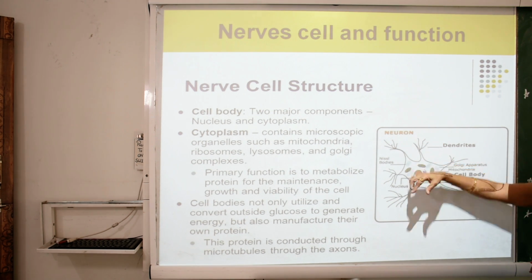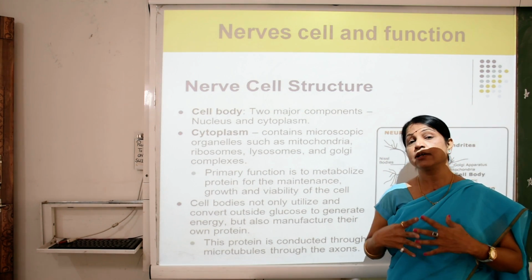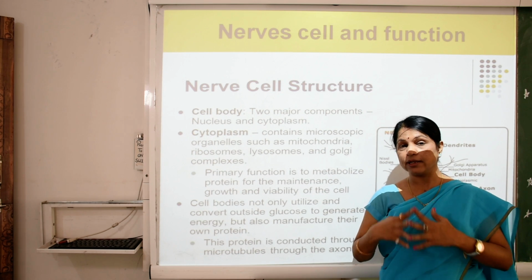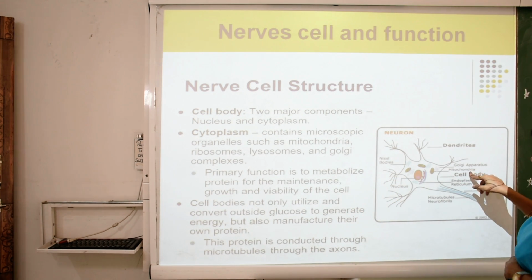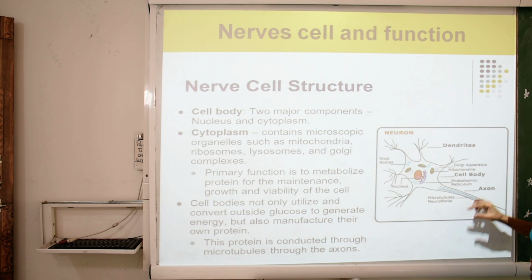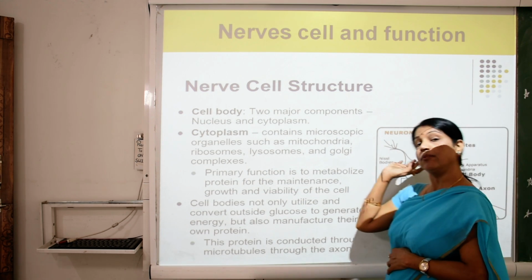Later in our video, I will explain the functions of all these parts in depth, but here there is no need. That is why I am asking you only the names from this diagram. This is the axon, the microtubules, the neurofibers. So this is the picture of the neuron.